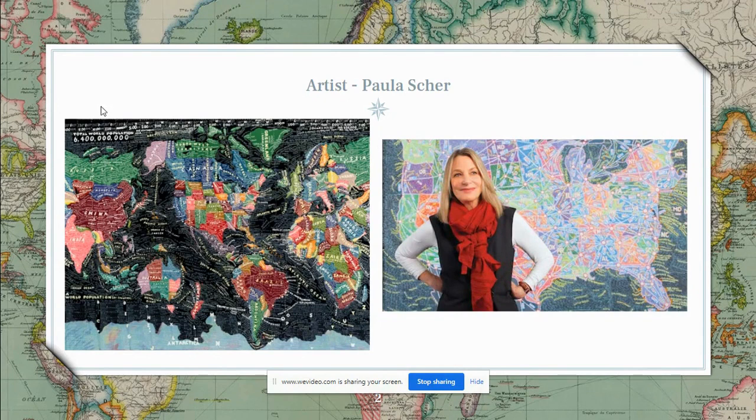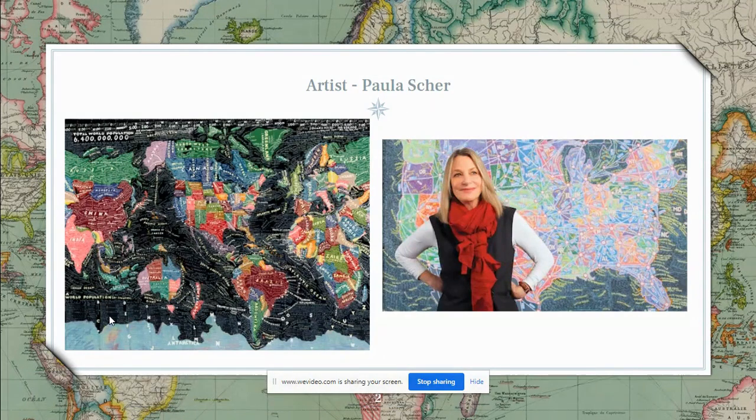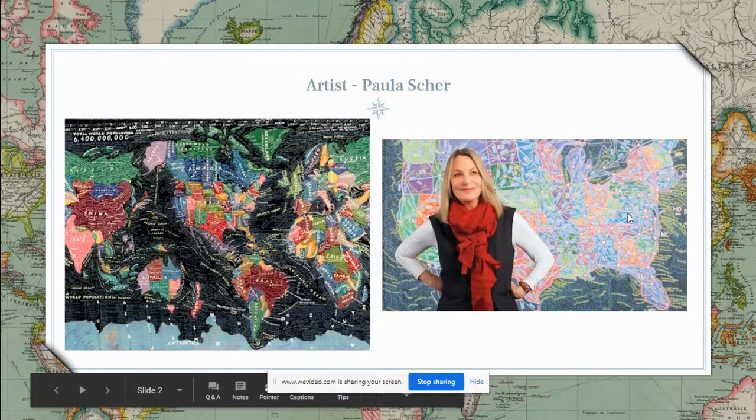And you can't see because they're so small, but these are all the elevations, like how high up different countries are from the tallest elevation, that is, Mount Everest, to the lowest, which is all the different islands at sea level. And then over here, you can see she's in front of a map of the United States.